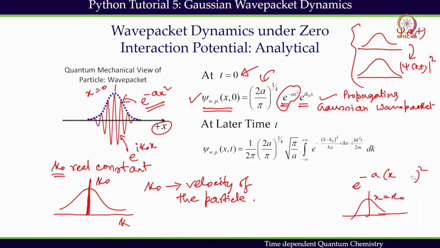But if I don't have x naught, then it is centered at x equals 0. So we should remember that we are starting with a wave packet centered at x equals 0, and we'll see how it evolves.